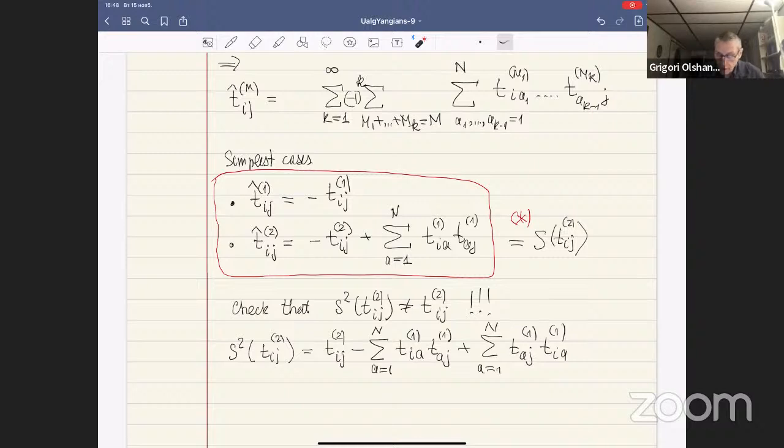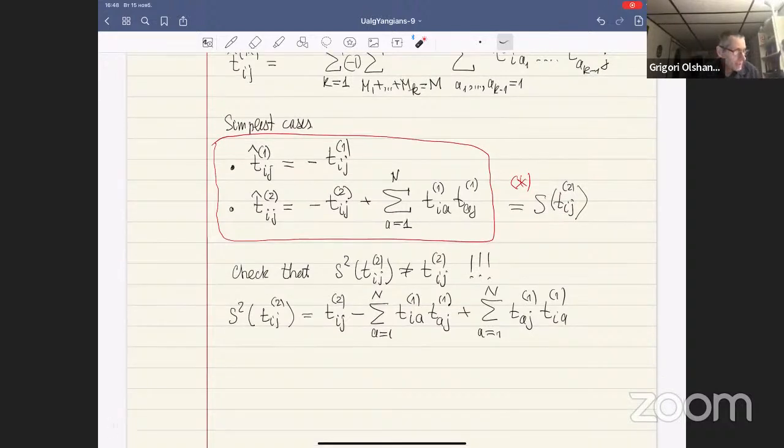And so we get something different. We get some partial cancellation, and some rest term, which shows that the S squared is not identical.